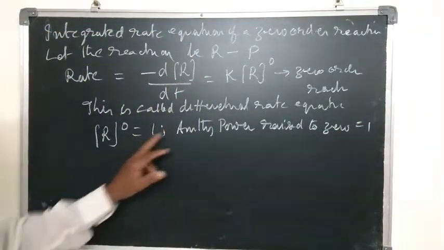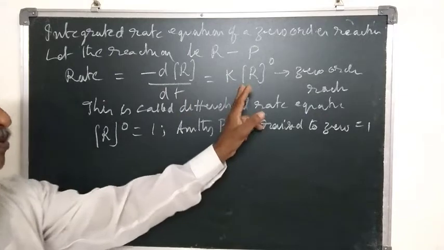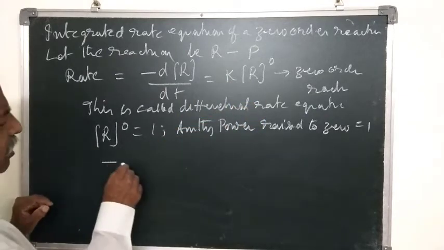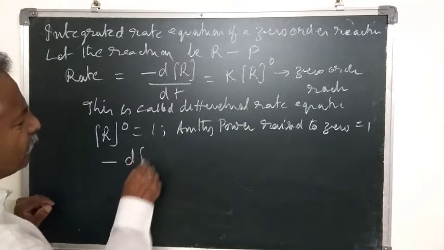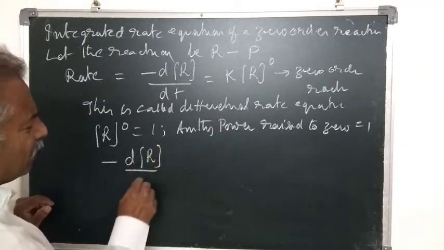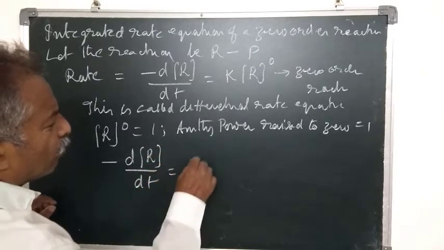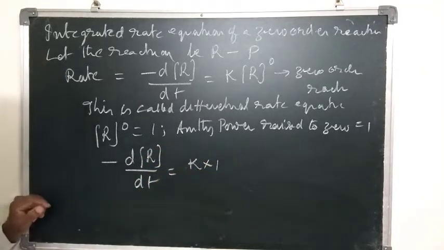So R to the power 0 is 1. So let us substitute R to the power 0 as 1. So this is minus dR by dt equal to k into 1.